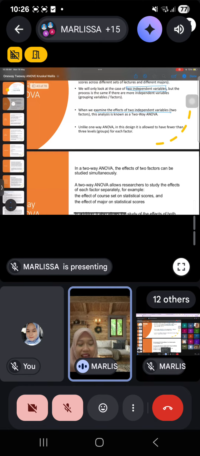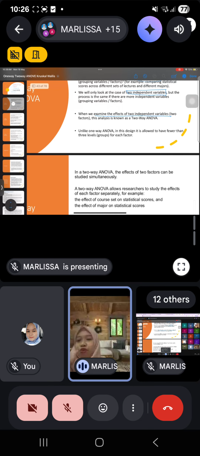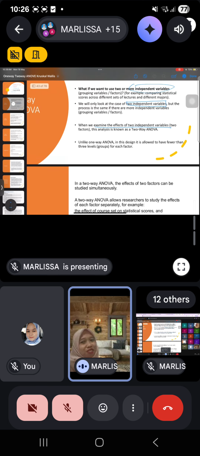Unlike two-way ANOVA, for one-way ANOVA, you are only allowed to have 3 groups and above. You cannot have 2 groups, because if you have 2 groups, it's a t-test. But for two-way ANOVA, you can have 2 groups, 3 groups, and so on, because you are examining the effects of many variables.